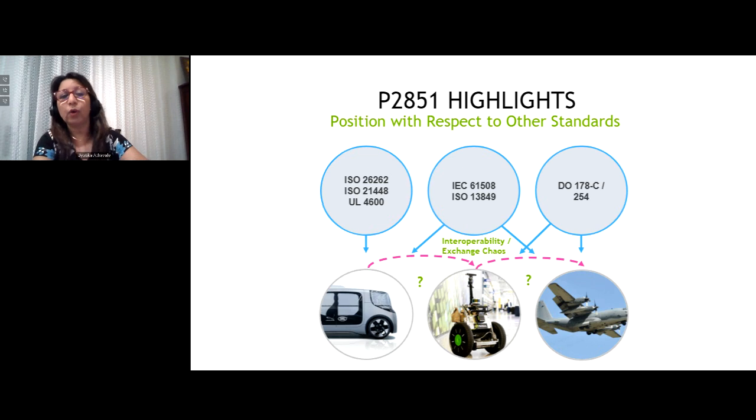The scope or the objective of P2851 is to provide the connection or serve as the glue between these standards such that we could exchange data across these different application domains. But not just that, we're also looking within each domain and looking at the different levels within the domain to address the objective of providing interoperability across IP, SOC, system, and item.